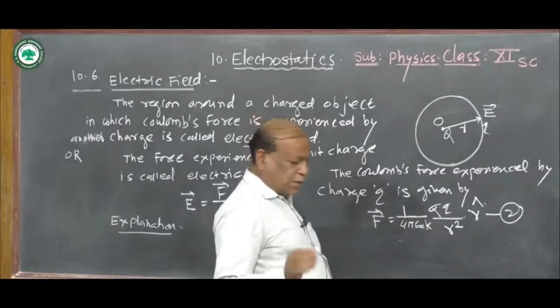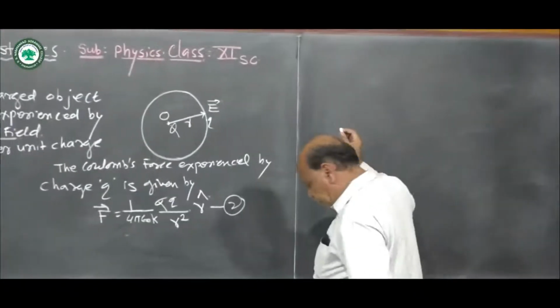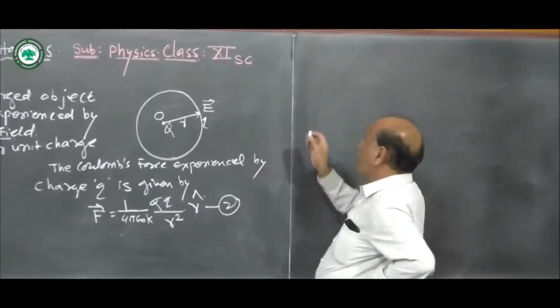Here epsilon 0 is the permittivity of free space or vacuum.